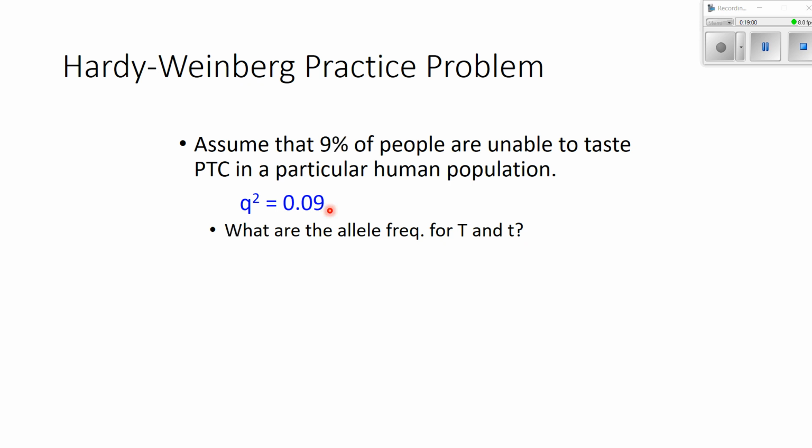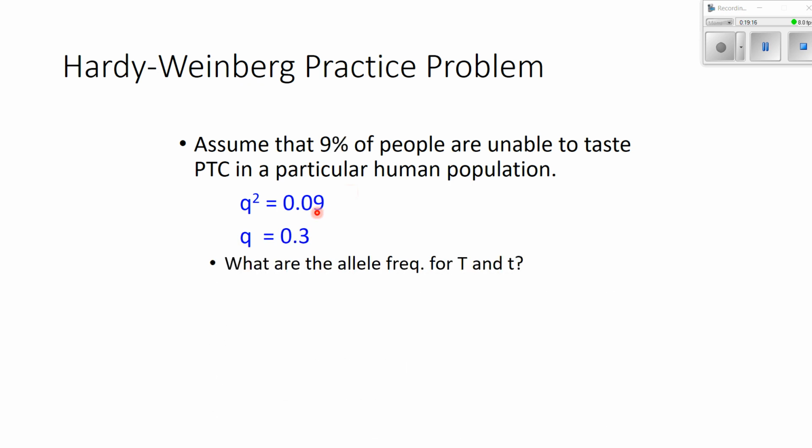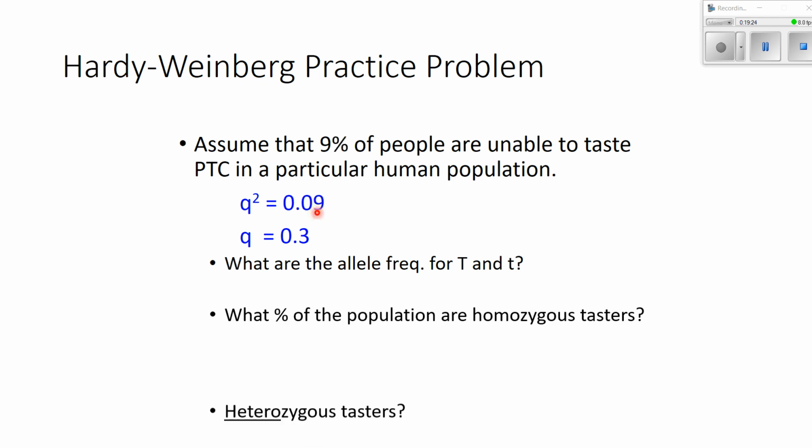Not 0.9, because that would be 90%. It's 9%, which is 0.09. Okay? Now, can you find Q? Just put 0.09 in your calculator and hit the square root button. And look at what you get. 0.3. Now, 1 minus that is going to give me P.